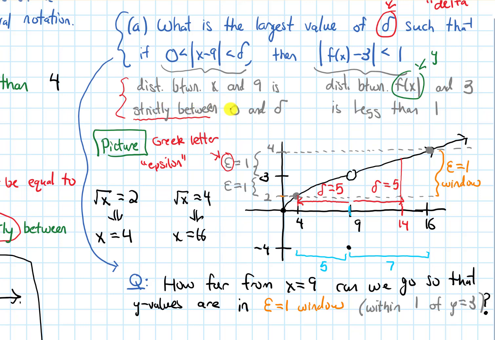Because it's strictly between 0 and delta, it means I can't quite reach this endpoint, and I can't quite reach that endpoint. But I can be closer than that. And the distance also is not allowed to be equal to 0, again because of the strictly between phrasing, which means I can't be right at this point where x is 9.